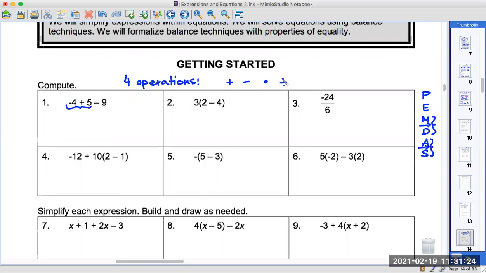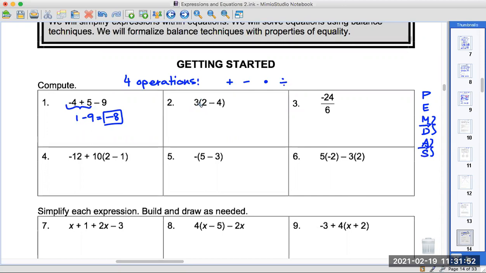When do I multiply? When do I divide? I think the rest is easy. So -4 + 5, you have a negative counter, 4 of them and 5 positive. So that means you get a 1. And then subtract 9. You have 1 positive counter, but 9 negative counters, so that leaves you with -8. So we're adding and subtracting here.